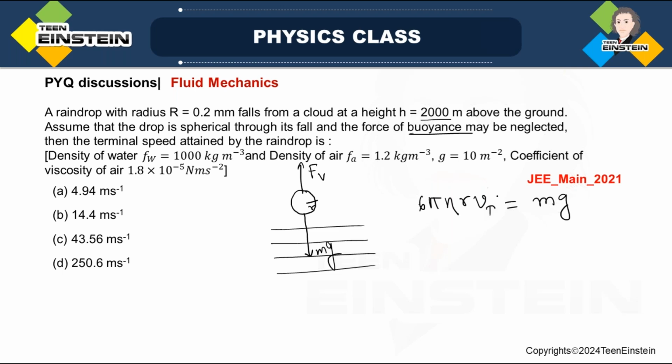Okay, so the radius here, capital R, of the raindrop is given as 0.2 mm. g we have to take as 10 meter per second square. Okay, and the density of the air is given, the density of the water is also given.